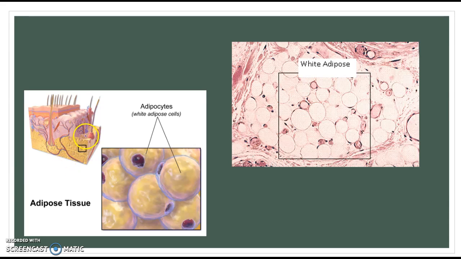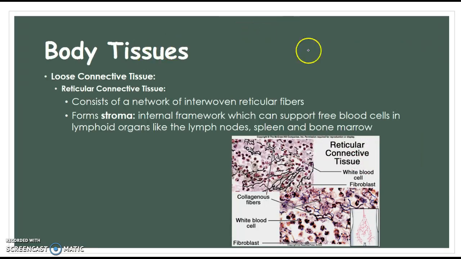So here's our adipose tissue, and I think it's an easy one to identify because it's just going to be huge, large cells that are completely clear because they're just filled with oil. Okay, reticular connective tissue.